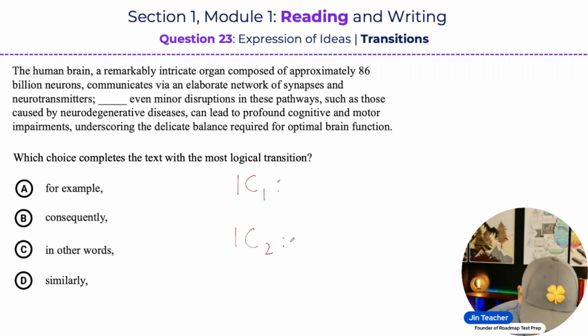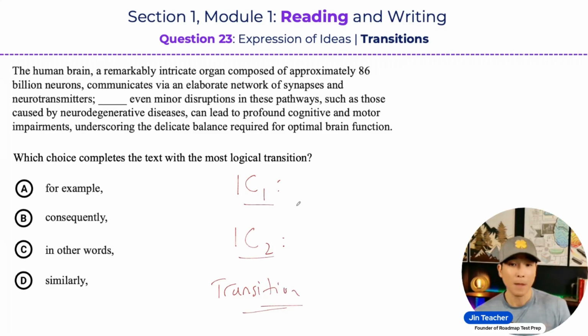And then we want to think about the transition word that accurately captures the relationship between these two sentences. So this is our systematic process. We're not trying to do all of these things at once, and we're not doing things out of order. We're working in this order.